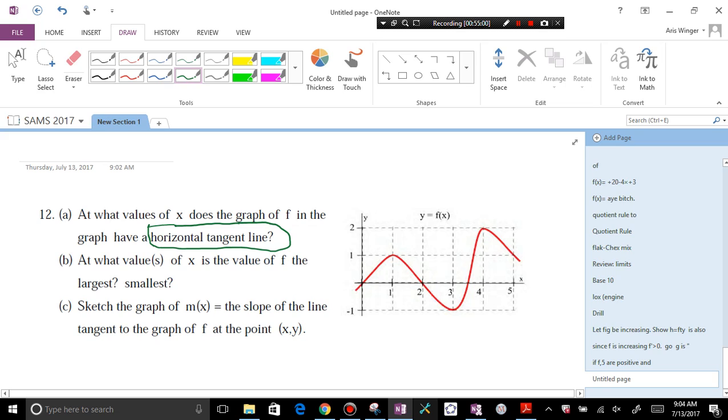The derivative is the slope of the tangent line. A tangent line is horizontal when it is flat, when the slope is 0. They're really asking, where is the derivative equal to 0? We'll do a couple of those in a second, but again, that's just more translation.